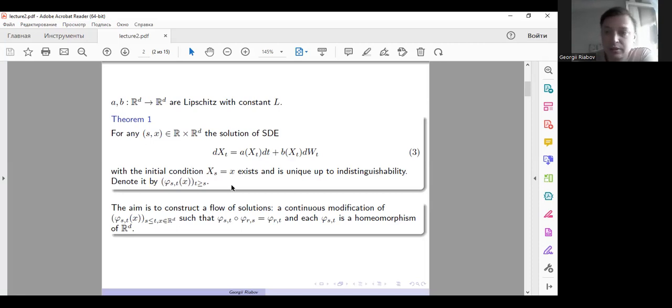Indistinguishability means that if we consider two solutions to this equation, then with probability 1, the two solutions coincide for all t.